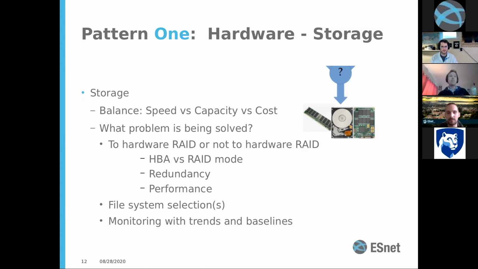Know your limits on your file systems. There's a lot of defaults that are good, and I'll start by saying monitoring with trends and baselines. Is that file system meeting your needs and solving those performance issues? Like, is there a reason that you'd want to do something exotic like ZFS? Or is there something where, hey, ext4 works perfect? NTFS in certain cases.